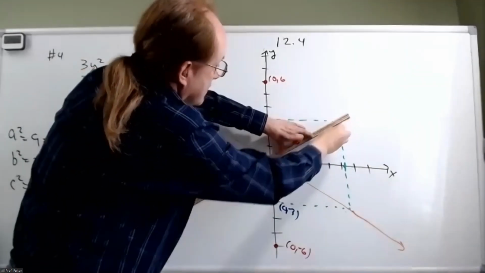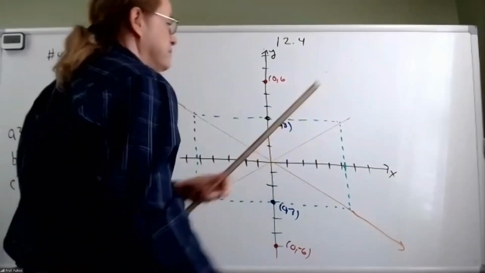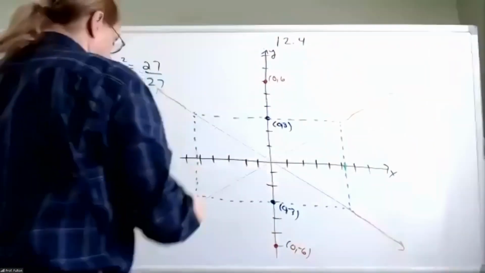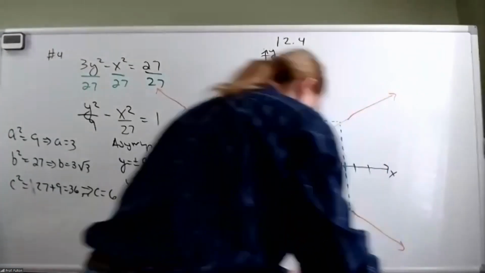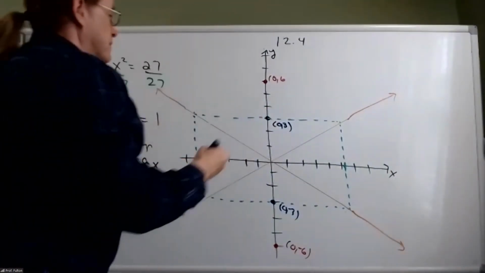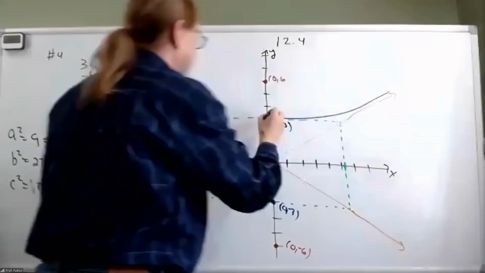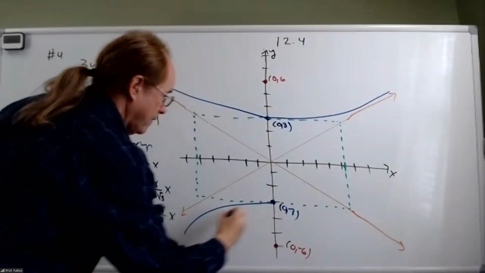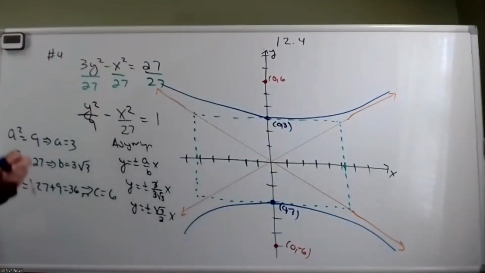Something like that. Now, if I was going to fill this in, it's going to go this way. So what it's going to look like is something like this. And based upon those things as well.